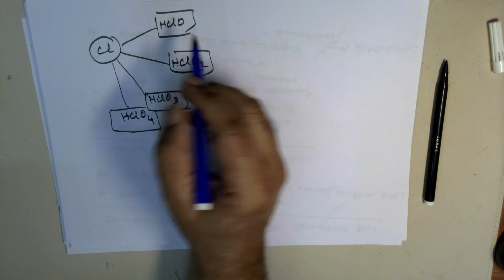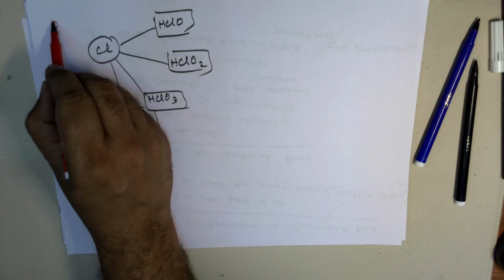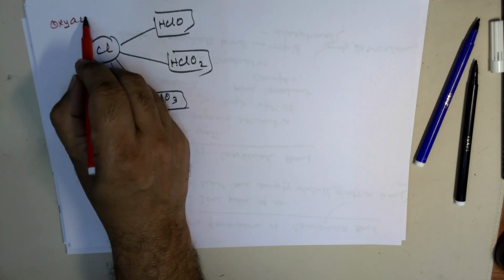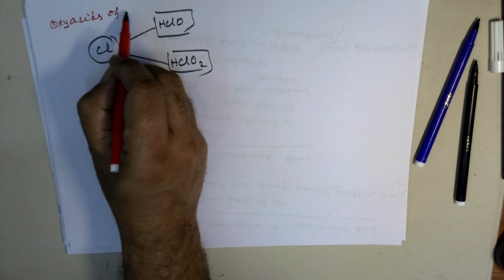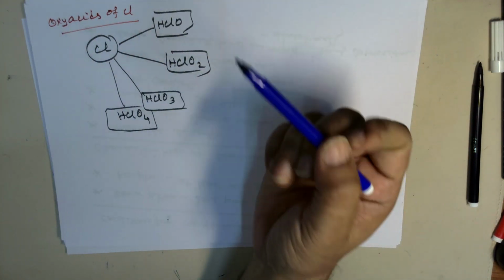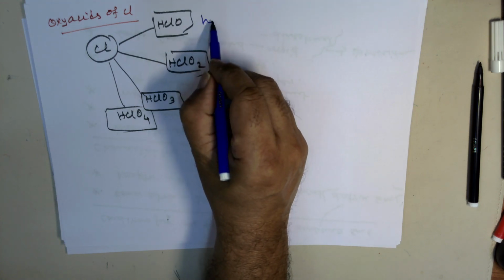So what is the first name? This is oxyacids. Can you name the first compound? It is called hypochlorous acid.